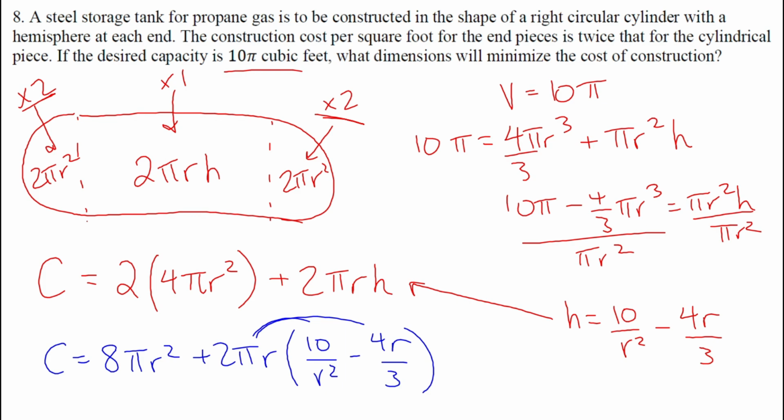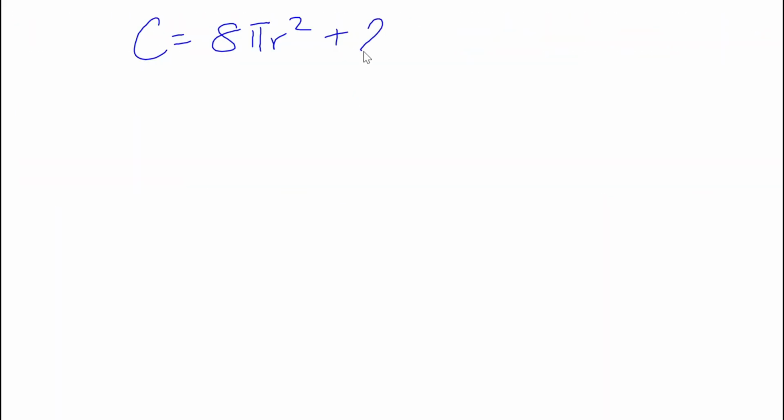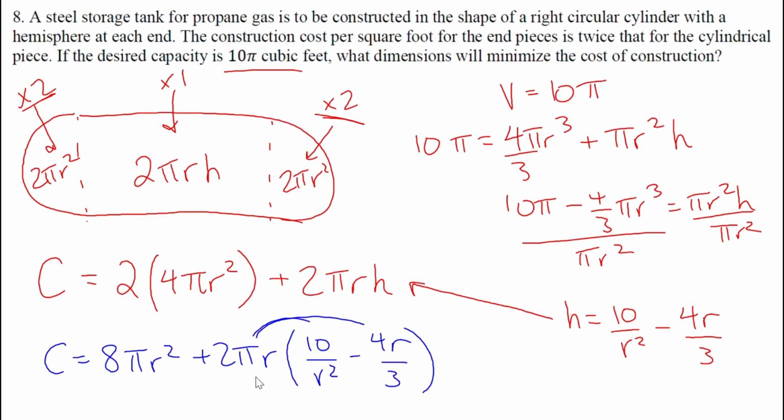Our cost is going to be 8 pi r squared plus 20 pi r over r squared. R over r squared is r to the negative 1, so we'll have 20 pi r to the negative 1. And then the other piece, 2 pi r times the minus 4r over 3, should be a minus 8/3 pi r squared.